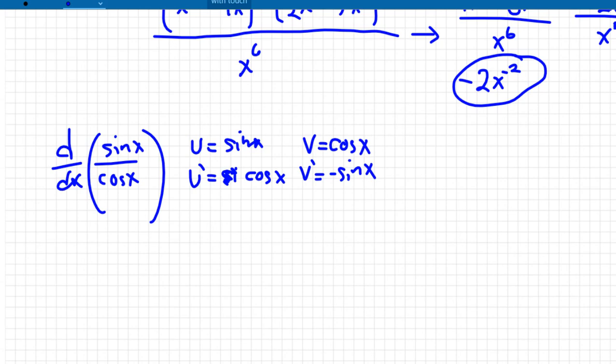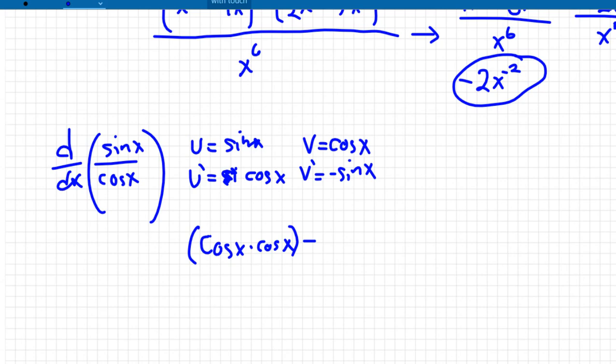And we get, let's see, low d high, so that'd be cosine of x times the derivative of sine of x, which is cosine of x. We subtract, so that was v times u prime.